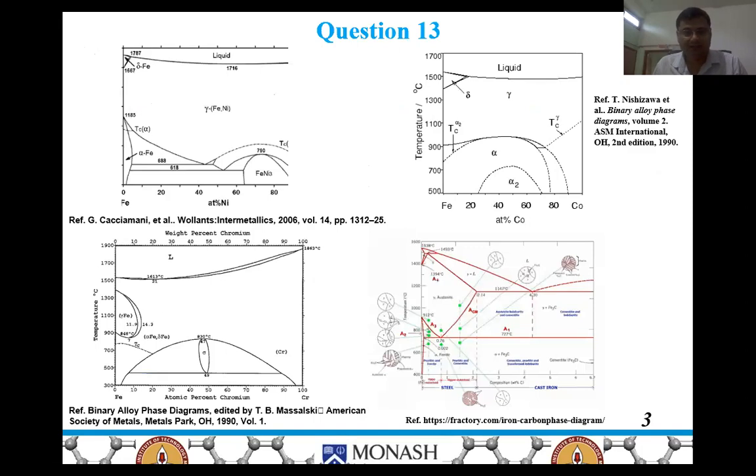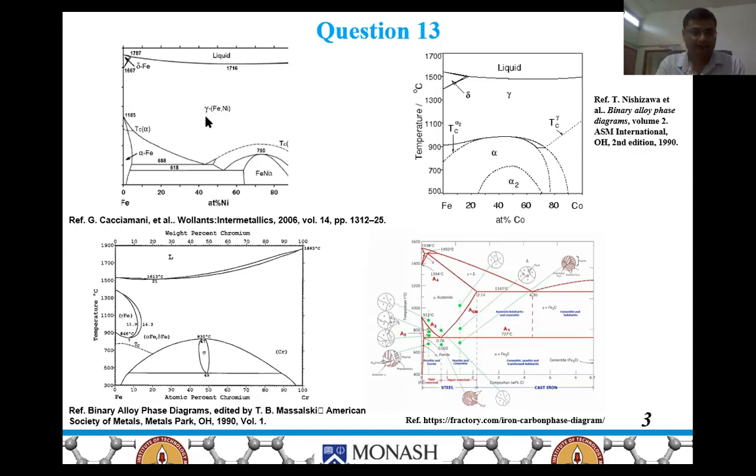So these are the corresponding phase diagrams. This is the Fe-Ni phase diagram, this is Fe-Co, this is Fe-Cr. At around 1100 degrees centigrade, this gamma has around 2% carbon solubility.